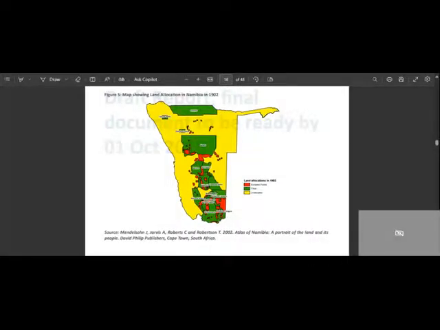They started killing people, they were not playing. They killed, they raped, and they did all kinds of things. This is how the land used to look in 1902.